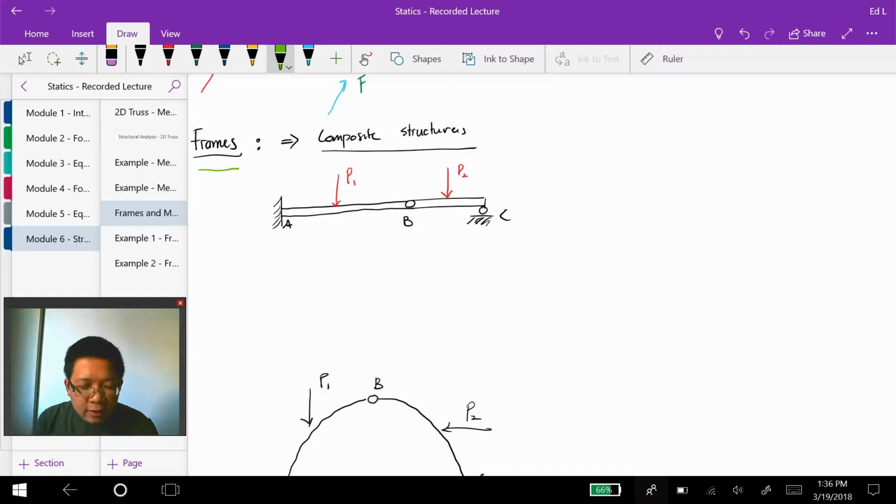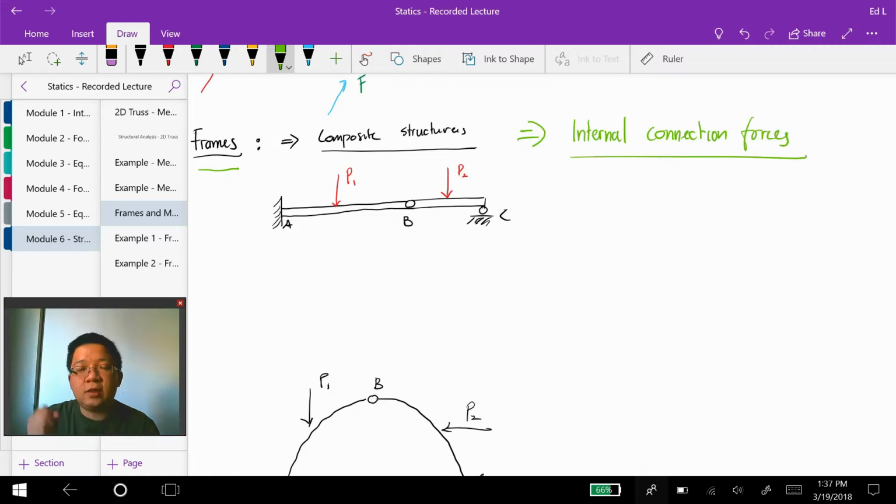The main objective when we solve problems related to frames is to calculate the internal connection forces on the connectors that connect these two or more structures.